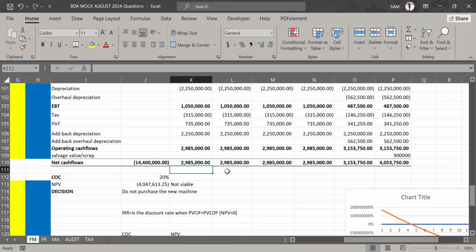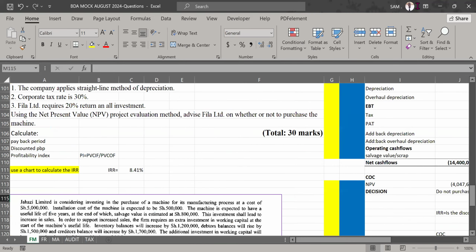Get the discount factor, multiply so that you get the discounted cash flow per year. Then accumulate them per year, then get at what point you are going to recover your initial investment. It is the same approach. The only difference is the type of cash flow you are picking. The one is discounted, the other one is not discounted. So that is the difference between discounted payback period and non-discounted payback period.